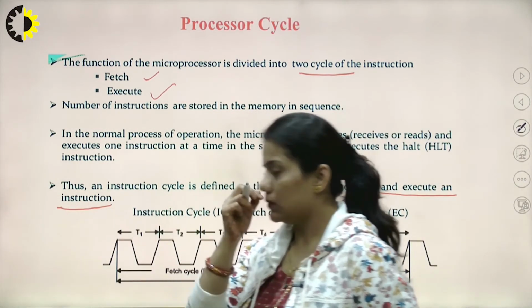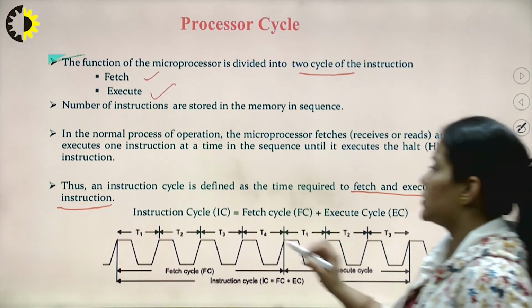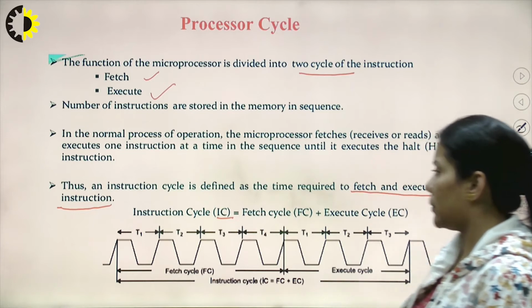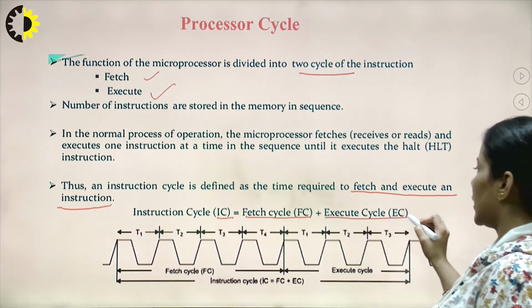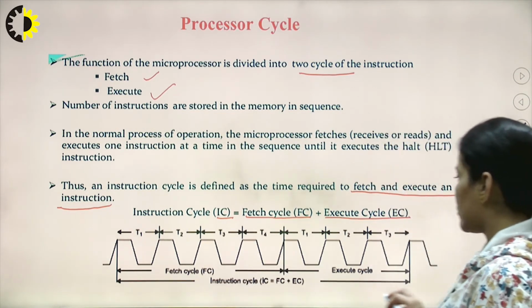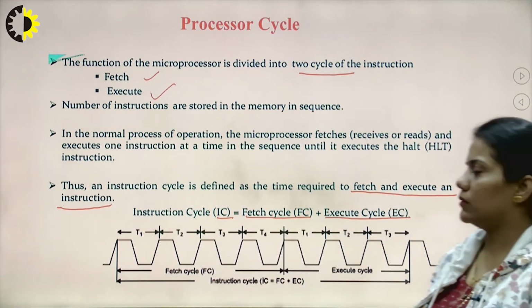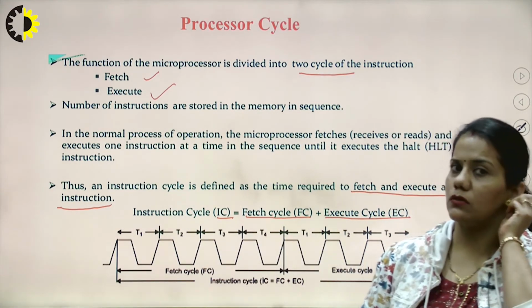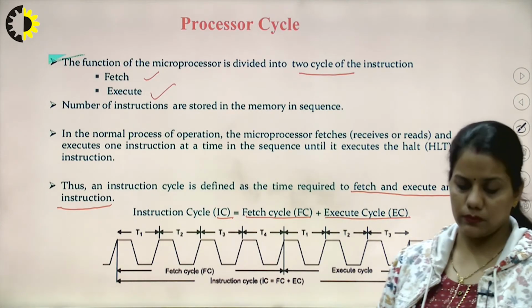These two mechanisms make one complete instruction cycle. We can denote instruction cycle by IC, fetch cycle by FC, execute cycle by EC. So the complete instruction cycle is fetch cycle plus execute cycle. 4 T states make one fetch cycle and 3 T states make one execute cycle.